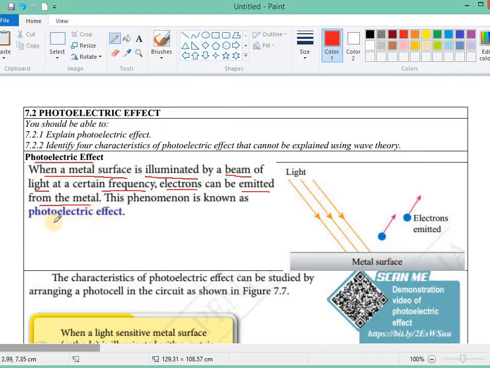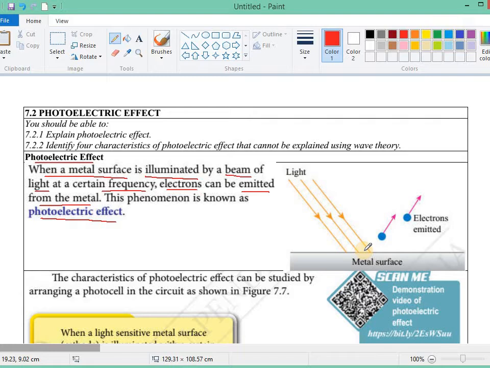This phenomenon is known as the photoelectric effect. Basically, light shines on the metal surface, and the energy from the light is absorbed by the electron on the metal surface. When the energy absorbed from the light is enough, the electron will be able to escape from the metal surface.